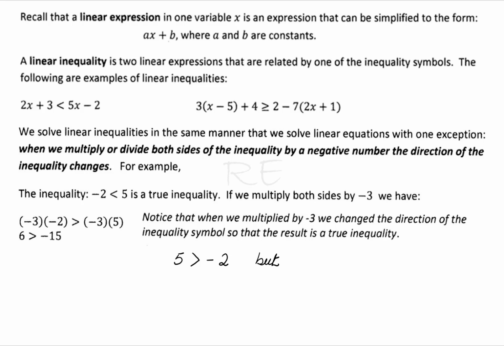However, if you multiply 5 by negative 1, or for that matter, you divide it by negative 1, take a look at what happened. Negative 1 times 5 will be negative 5, and negative 1 times negative 2 will be positive 2. And negative 5 is strictly less than 2. You need to reverse the inequality when you multiply or divide by a negative number.